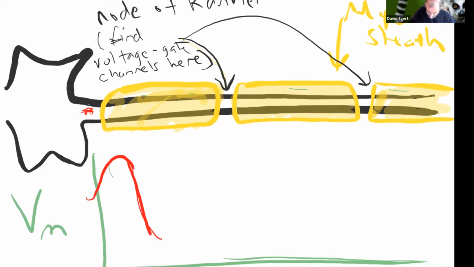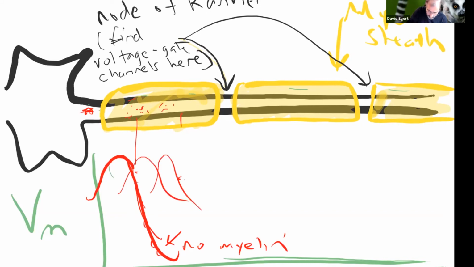If there's no myelin, the action potential happens. We need to have channels on the next little part of the membrane before this drops down too far in order to make sure that the signal doesn't die, right? So if there is no myelin, you need to have channels on the next little section so we can keep it going, and channels on the next little section to keep it going, and channels on the next little section to keep it going.